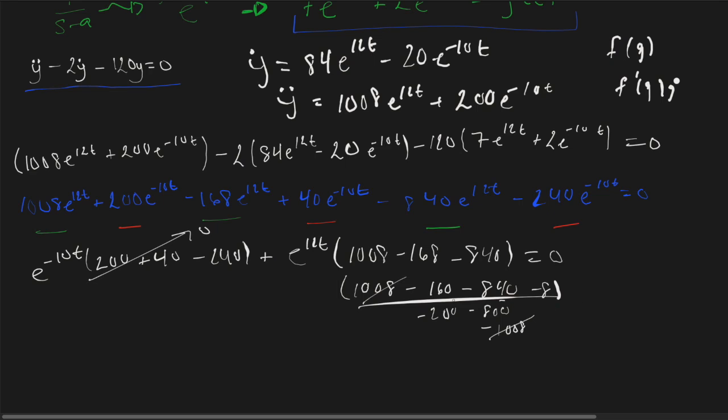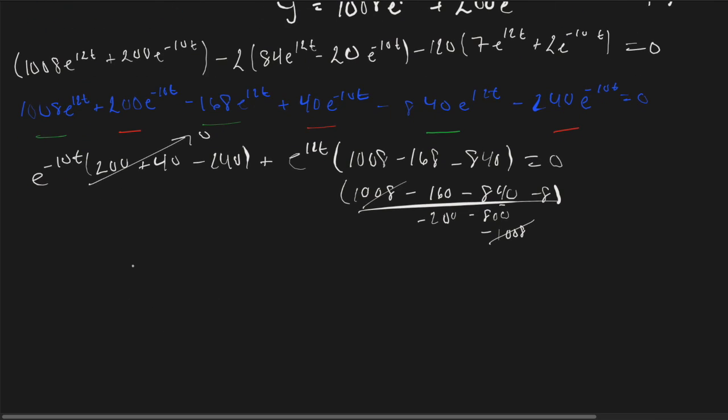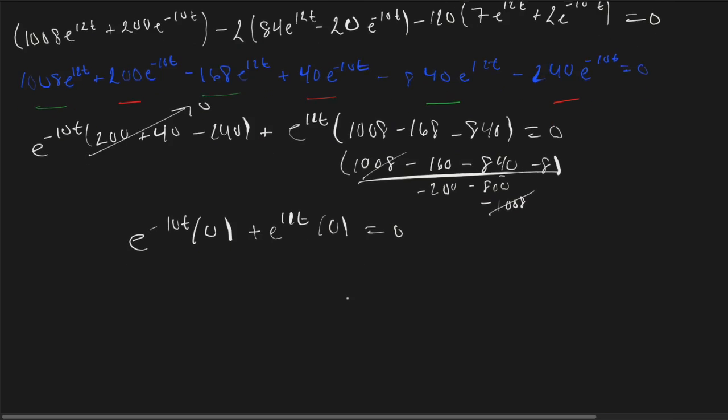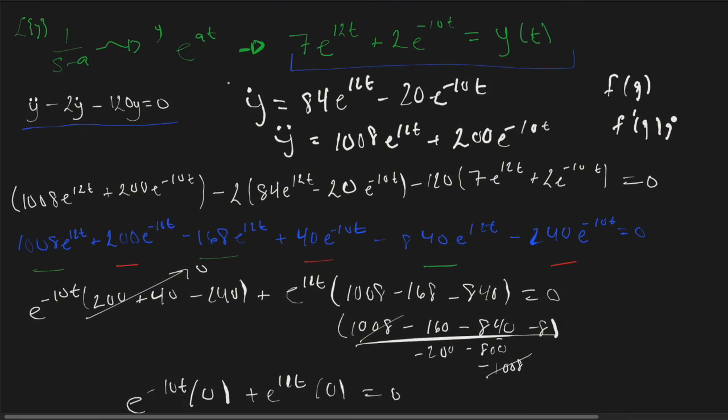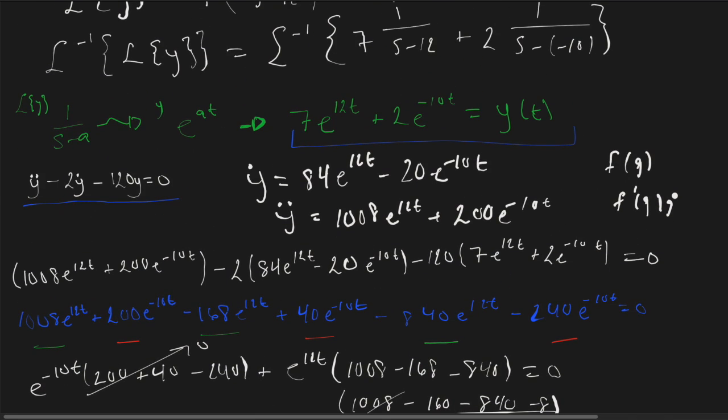This whole thing is 0. So we get e to the minus 10t times 0 plus e to the 12t times 0 equals 0. So this, indeed, is a solution to our differential equation.